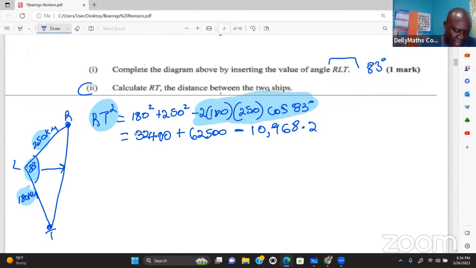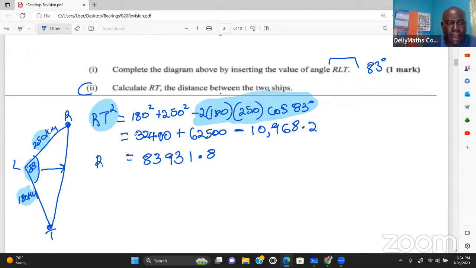We want to take from that 10,968.2. And we're looking at 83,931.8. All right, good. So there it is. That's what we have there.